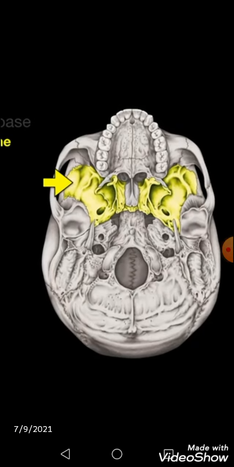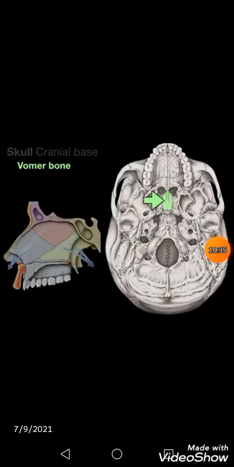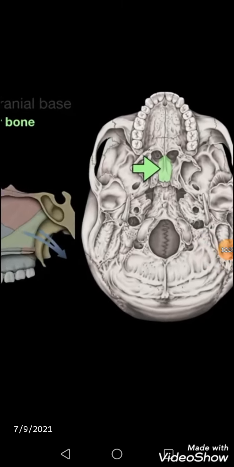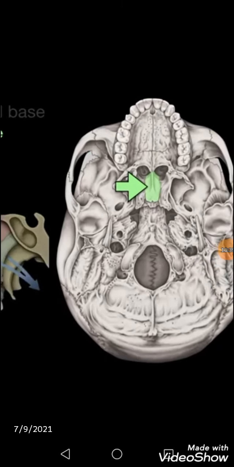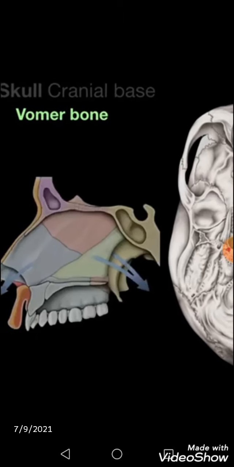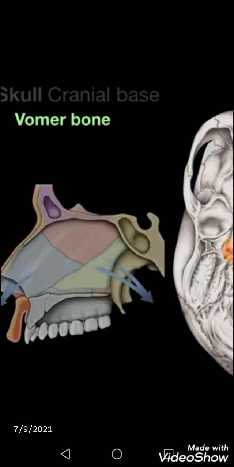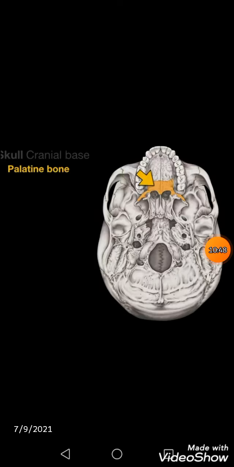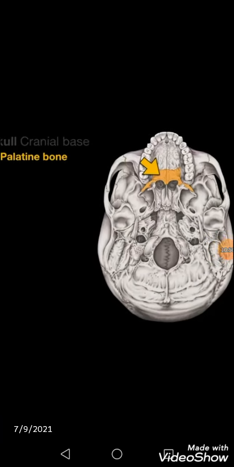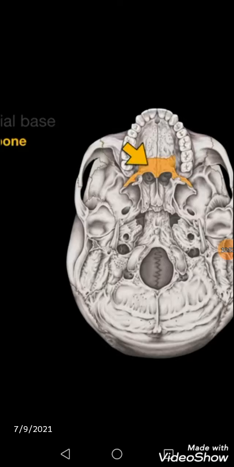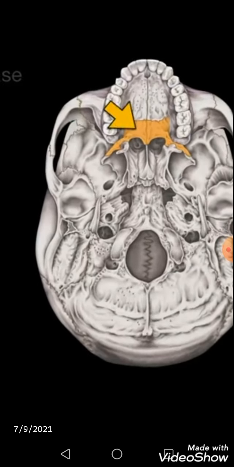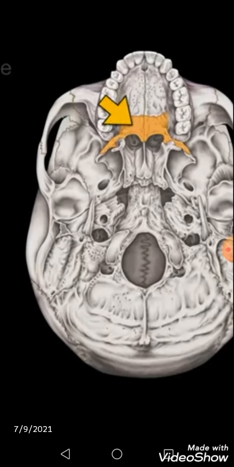Now concentrate on the vomer bone that is present in between, and if you observe the sagittal section, you find in the nose where lies the vomer bone. And here you can see the contribution of the palatine bone in the formation of the hard palate along with its pyramidal process and the formation of the posterior nasal spine.